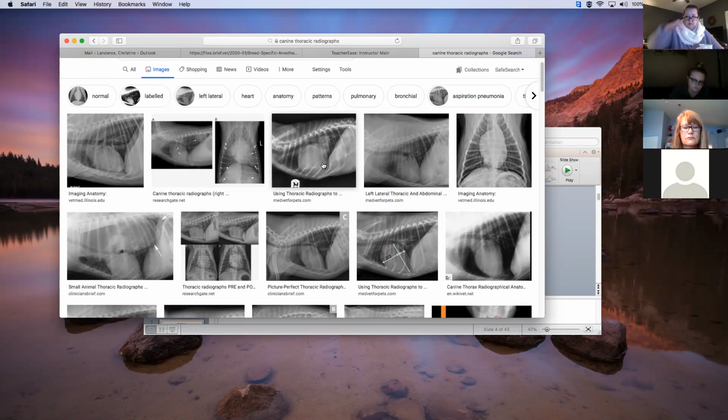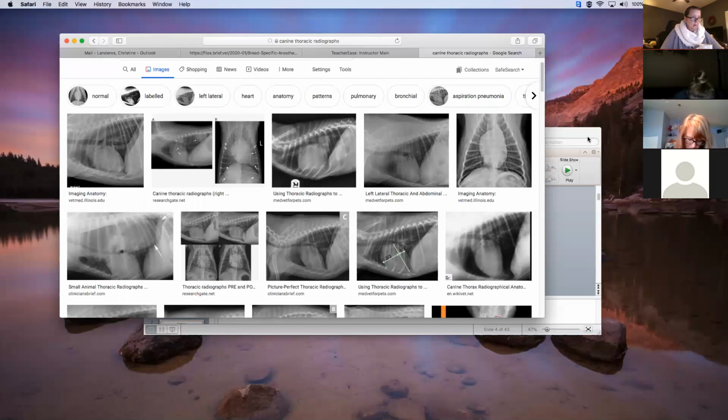Sometimes there's tumors here that shift the heart in an abnormal position. When you see an enlarged heart, also this black tube right here, that is the trachea. If the heart is swollen, sometimes it pushes up on the trachea, and it causes what we call tracheal deviation, and it alters the placement of the trachea.